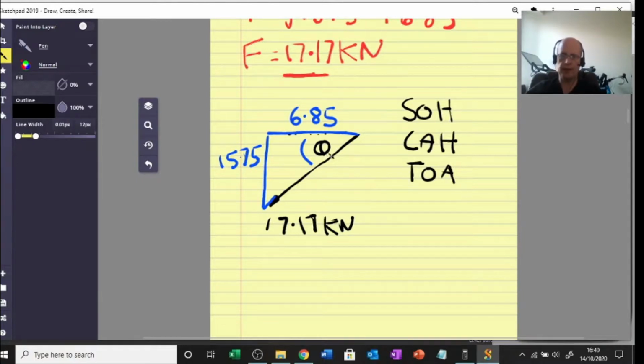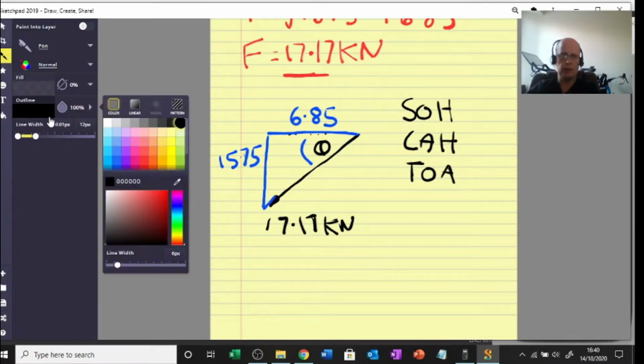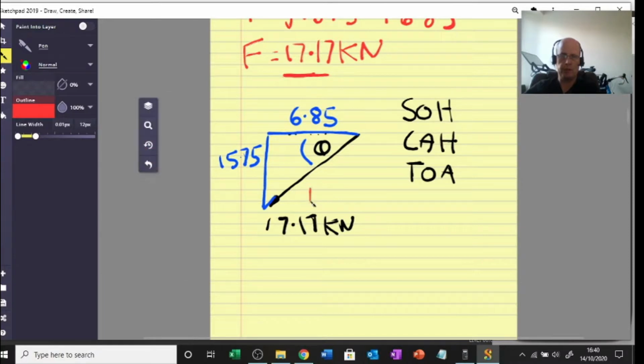So we need to find this here. Now we know all the sides, so label the sides if you want to. Obviously the longest one is the hypotenuse, that's going to be 17.17. This is the opposite, opposite the angle, and this is the adjacent, adjacent to the angle.